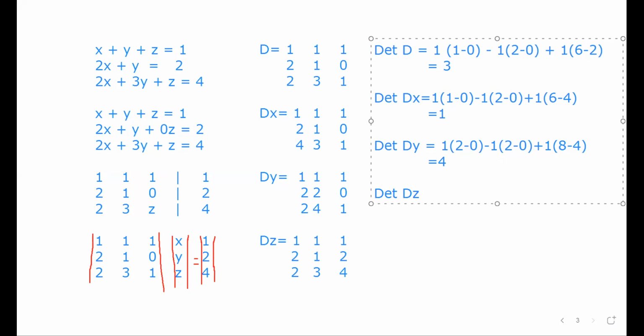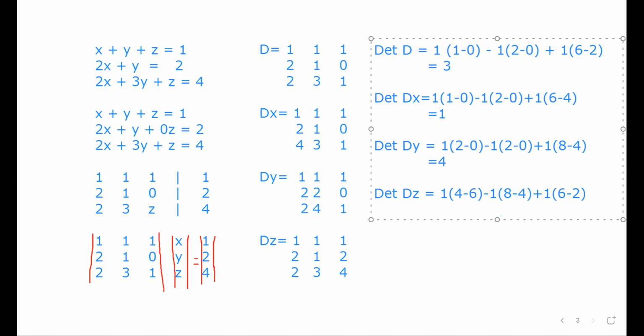Determinant of dz, 1 into 4 minus 6, minus 1 into 8 minus 4, plus 1 into 6 minus 2. Minus 2 minus 6, minus 2.